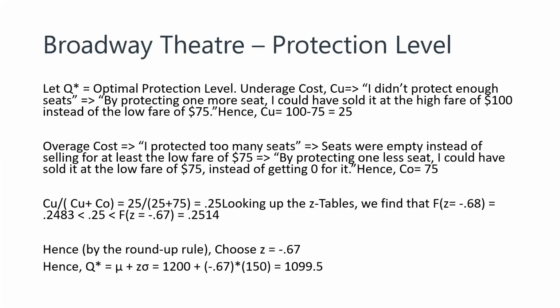With the round-up rule, you find Z is equal to negative 0.67, and Q is equal to mu plus Z times sigma. So we find about 1100, round up to 1100. Okay, so far so good? Yep.